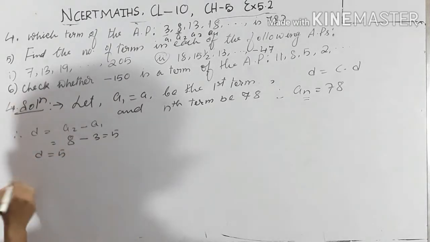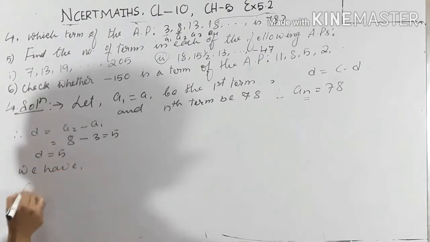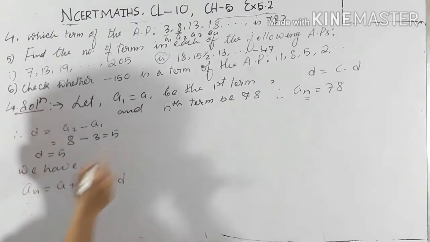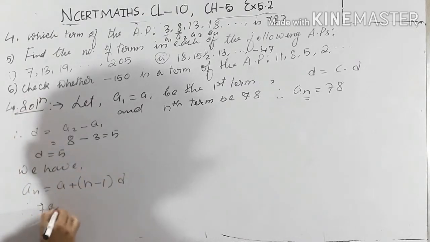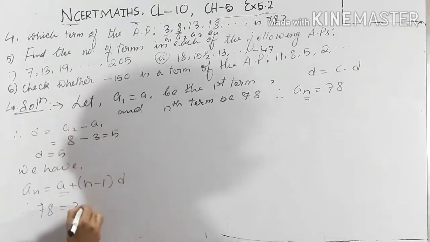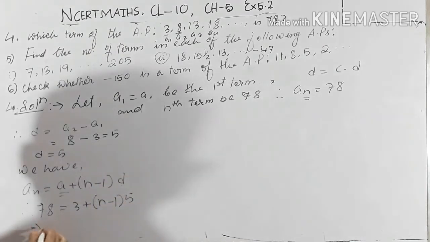We have the n term formula, given by an equals a plus n minus 1 times d. Therefore, an equals 78, that we have assumed, right? First term is 3, plus n we have to find out, d equals 5.